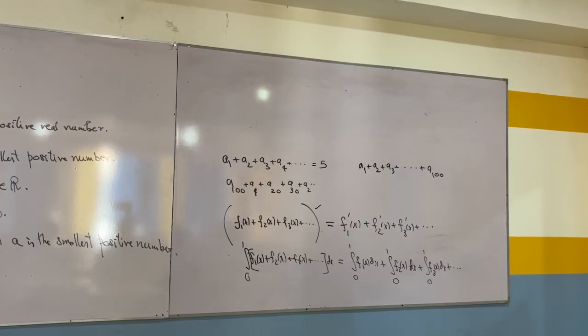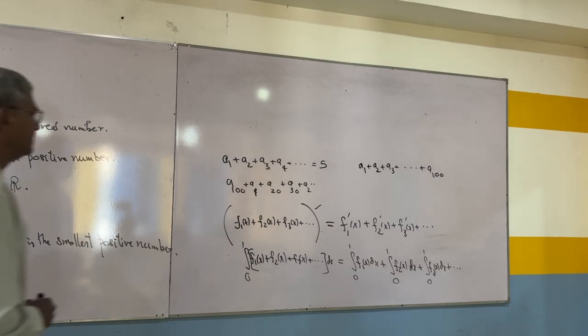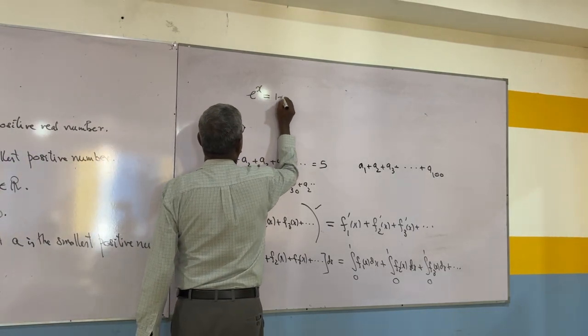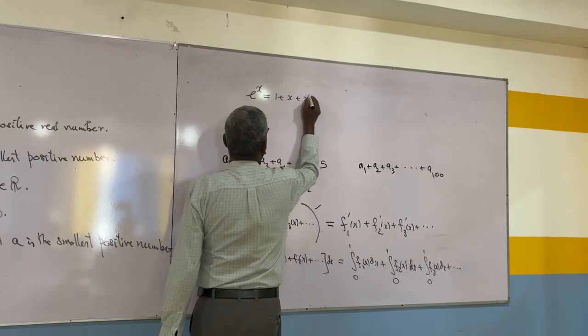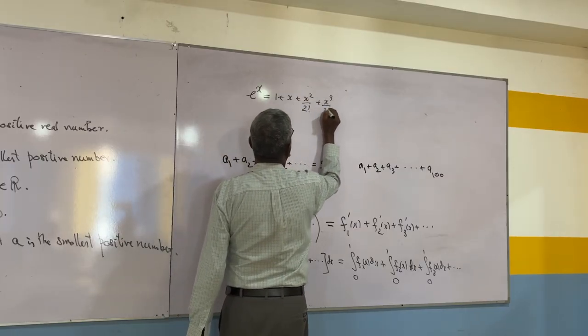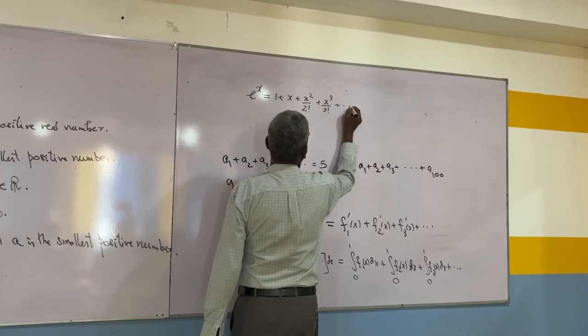The only thing is that in your A-level class, when your teacher writes e to the x is 1 plus x squared over factorial 2 plus x cubed over factorial 3 plus and so on.